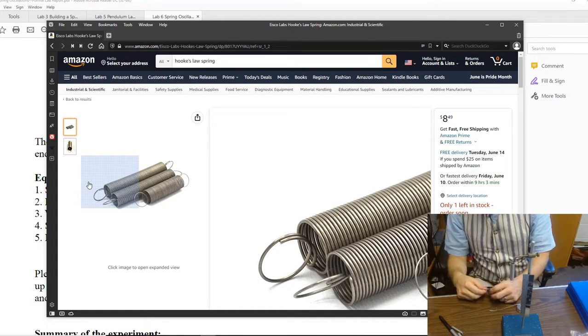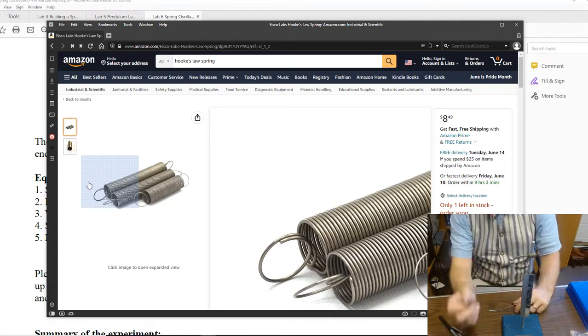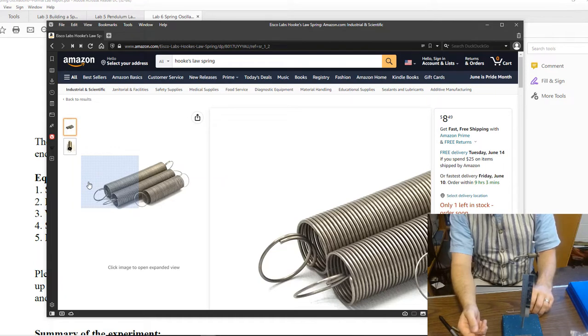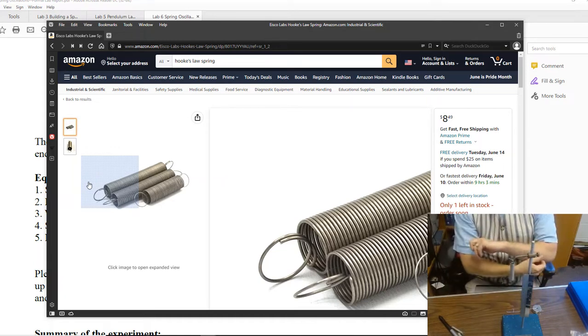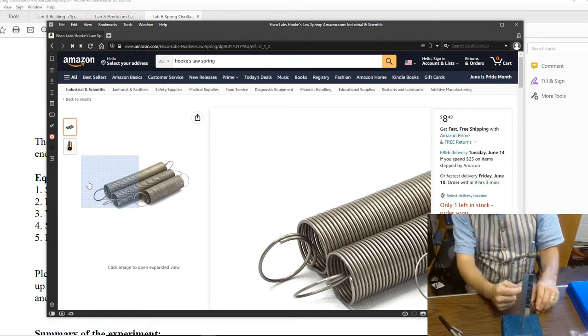I ordered them through the university, and they arrived about a week after they were ordered. So that was my delivery time. Your mileage may, of course, vary. And again, please do use what you already have if you have it, because I think it will be easier for you to just use the spring that you already got from the previous experiment.